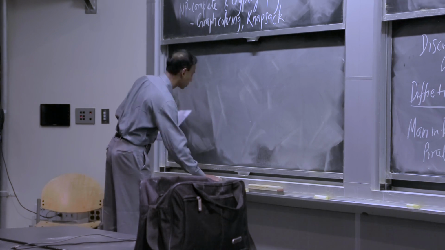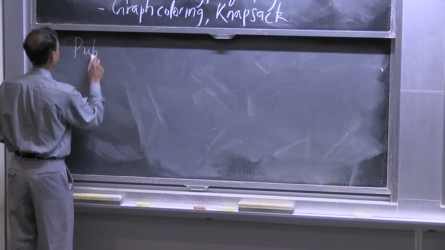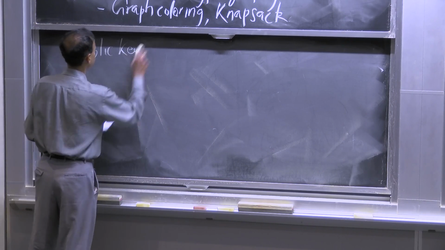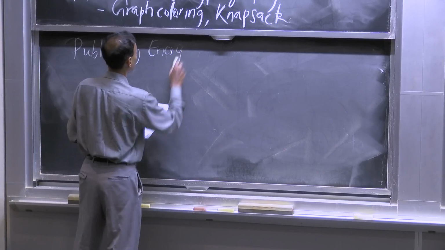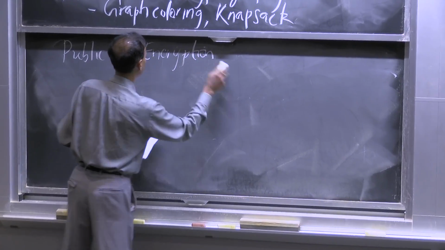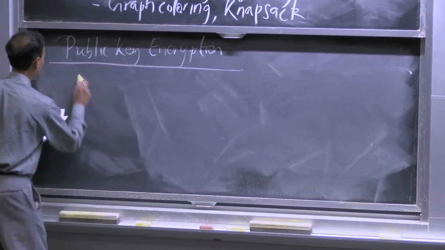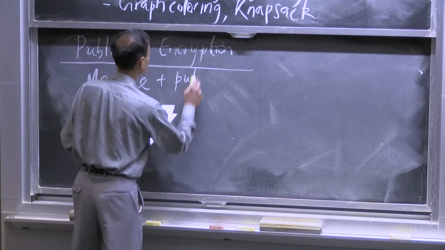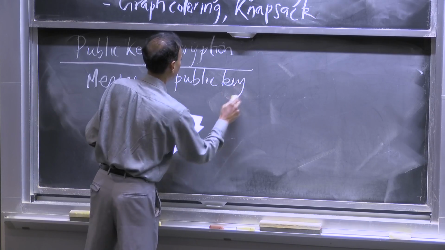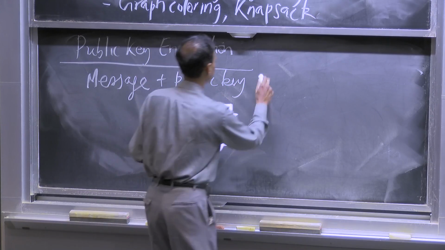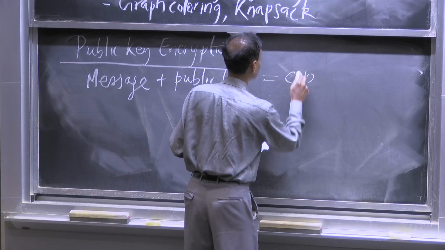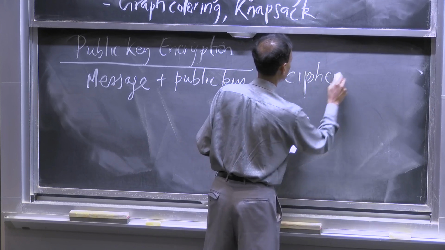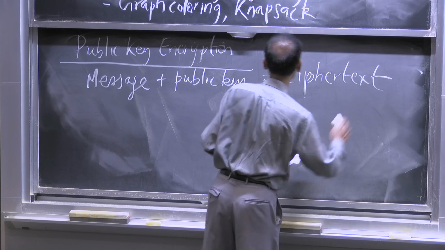So, public key encryption. Let me just do a little setup. I said some of this last time, but to make sure we're on the same page, what we have here is a message plus a public key, and you want to obtain ciphertext using this operation.